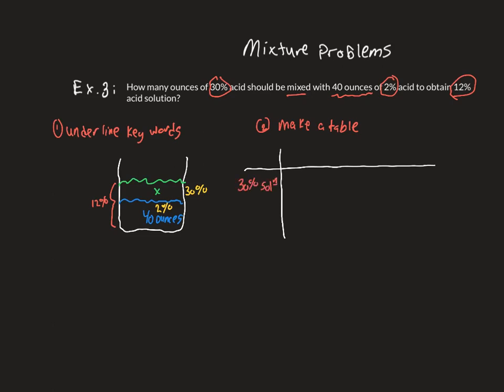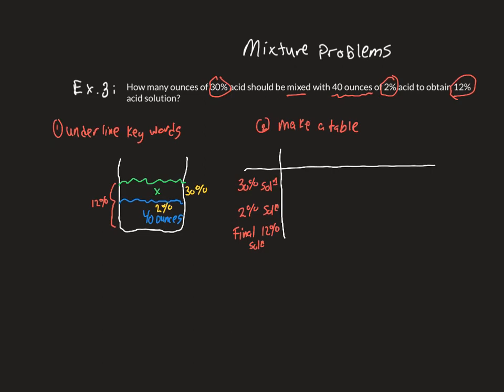So our third step, we want to set up an equality equation. So what kind of equality equation would I have here? Well, I know by looking at my diagram that my end goal is getting 12% acid solution.